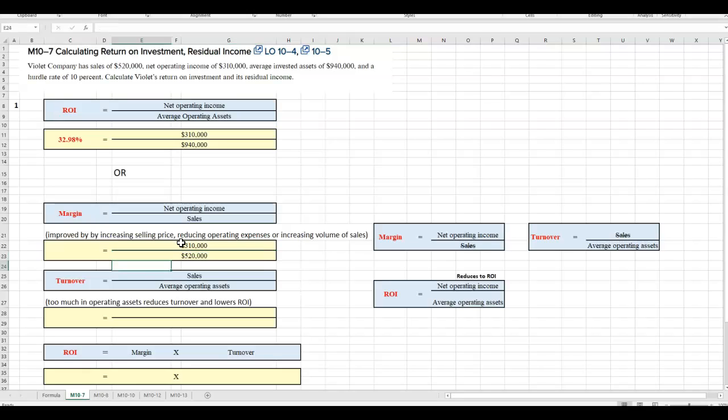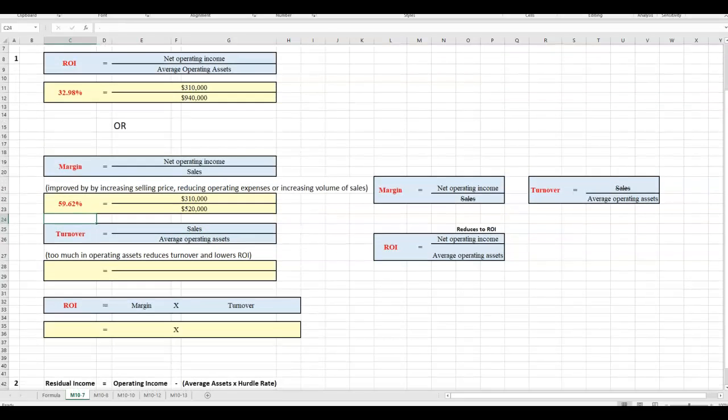This is a really common calculation that's used a lot. We take the 310,000 and divide it by the 520,000, and we come up with 59.62%. Turnover is sales divided by the average operating assets.